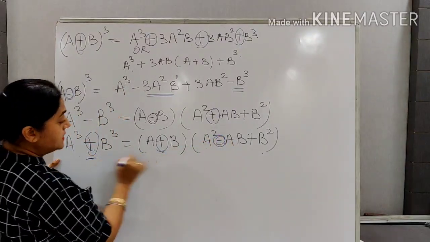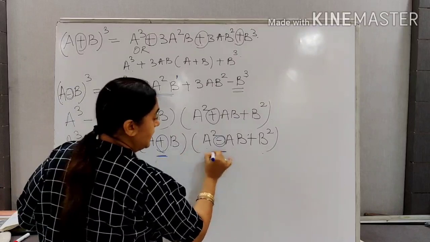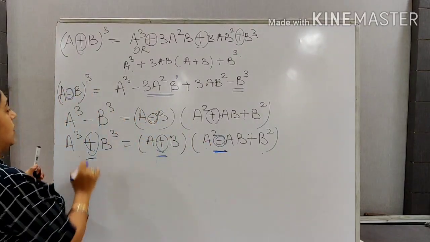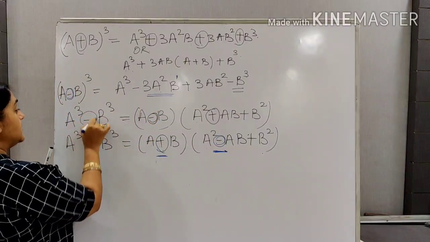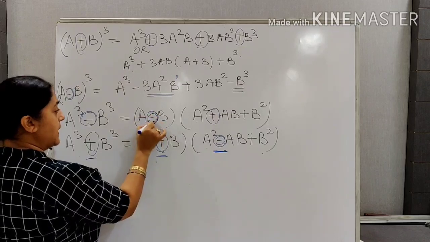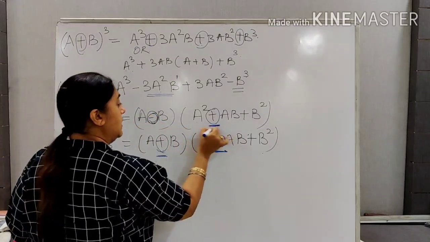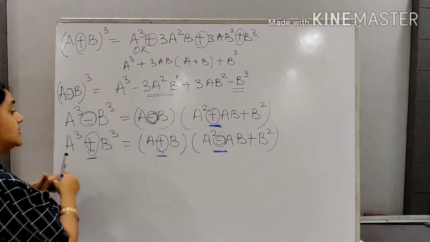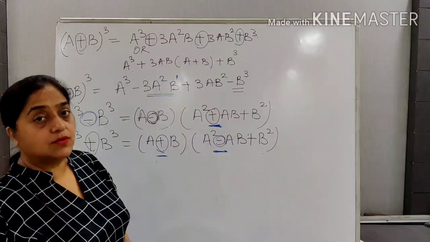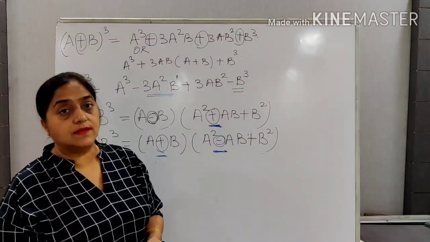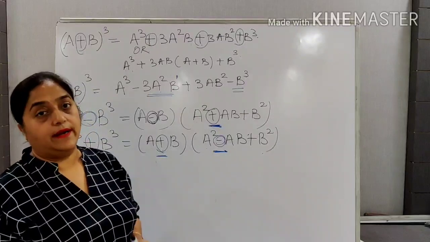Where here it is plus, here it is plus and here it is minus. और इस केस में here it is minus, तो here it is minus only और change कहाँ आएगा? Plus ab, right? Change कहाँ आएगा? Plus ab. So today we are going to deal with the questions related to these four identities.